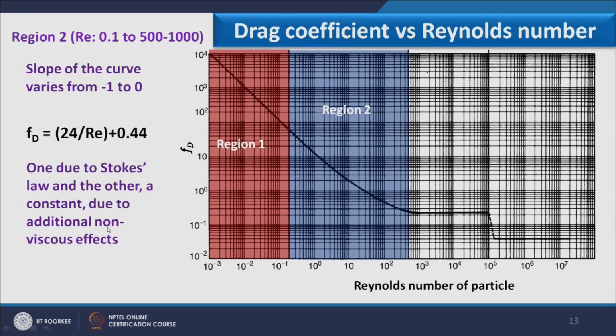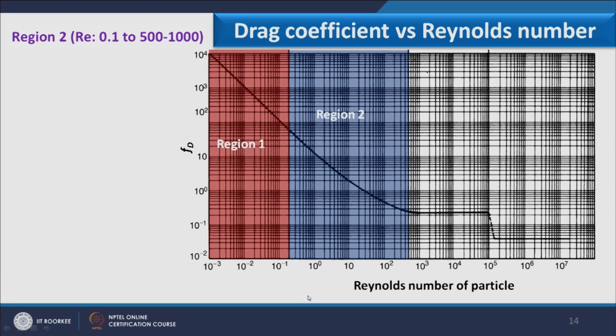We can use this Fd to calculate the terminal settling velocity of a particle falling in this region. We call it a transition region, because the slope is going from minus 1 to 0.